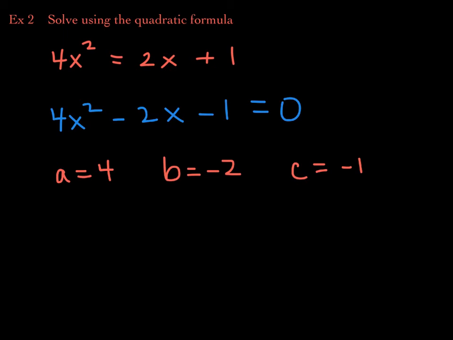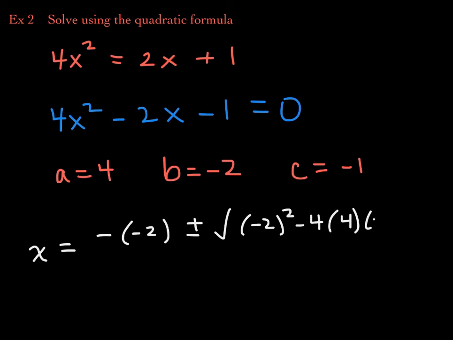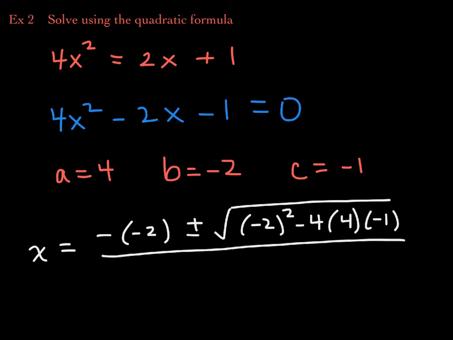All right, you're solving for x. x is your variable. So x is equal to negative 2 plus or minus the square root of negative 2 squared minus 4 times 4 times negative 1. Don't forget everything over 2 times 4. Okay, that was me using the formula.